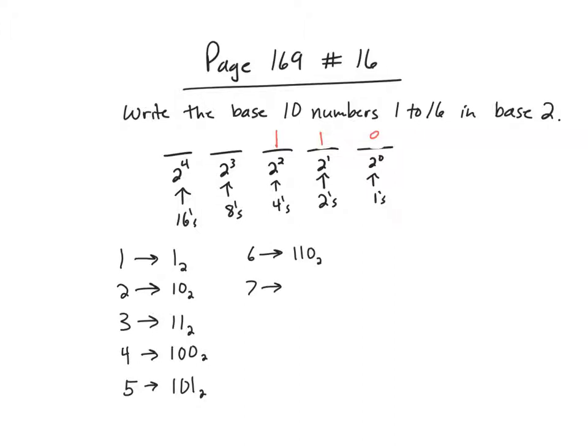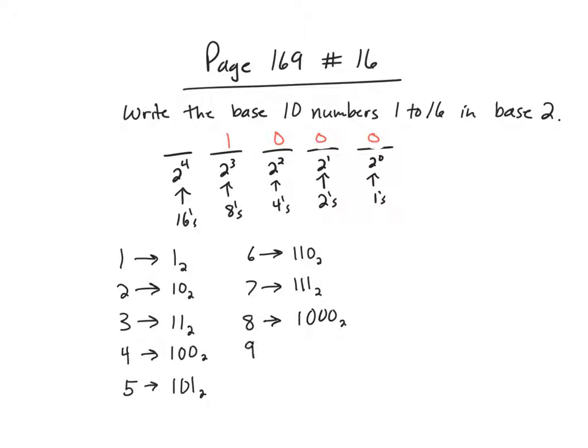The number 7, when I look at that, I'm going to just need to add 1 here, and that's the number 1 1 1 base 2. And number 8, I'm going to need to bump up one spot because I'm going to need 1 8, and all the rest of these will be 0. So I have 1 0 0 0 base 2.